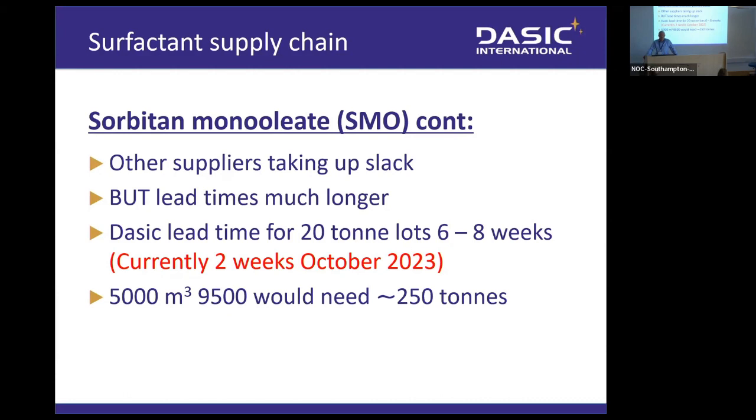We're now on 2 weeks lead time for bulk supplies of 20 tonnes. Just to put it in perspective again, the 5,000 cubic metres of Corexit 9500 in the US would need about 250 tonnes. So it gives you an idea of how many weeks it would take to actually get that material in and start manufacture.